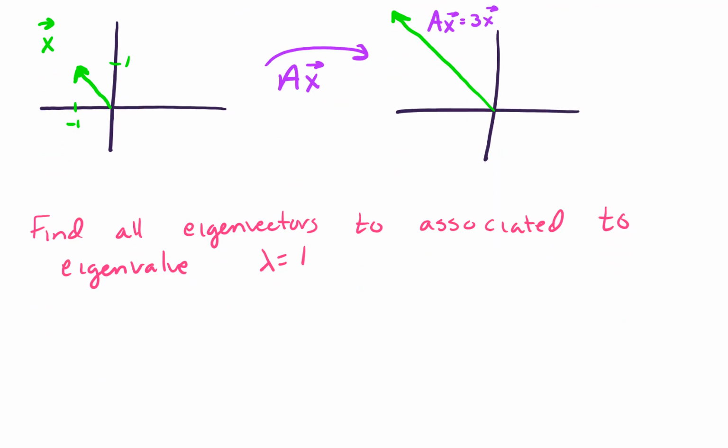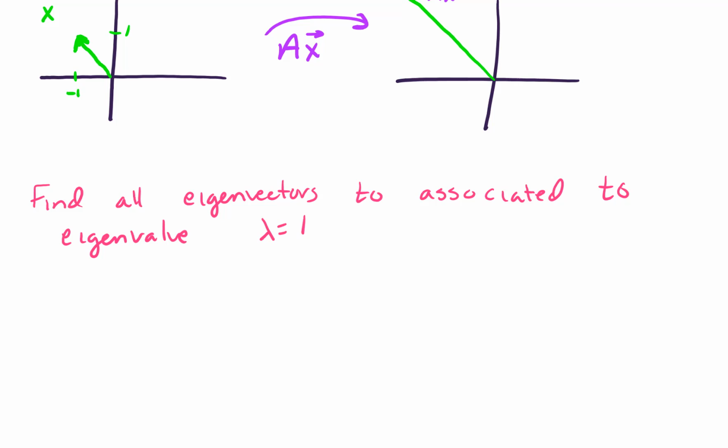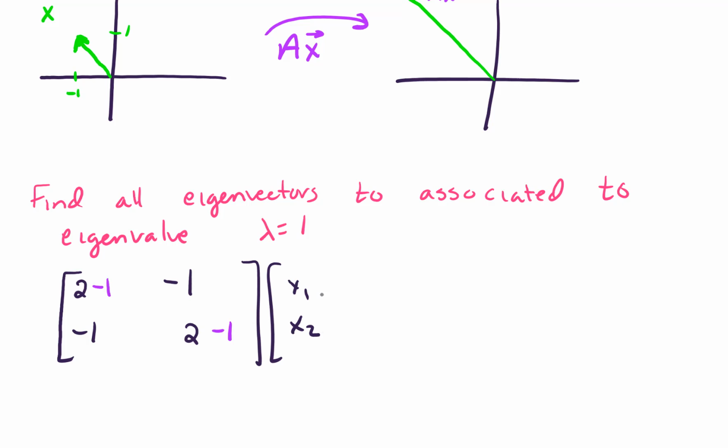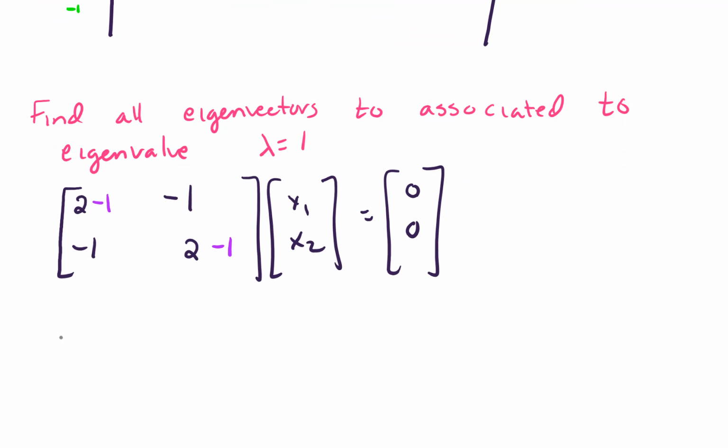Same sort of calculations here. So we're looking at A, which is our matrix 2, -1, -1, 2, subtract lambda off the diagonal, times x1, x2 equals 0, 0. I've kind of skipped a step by speeding up our calculations in here.